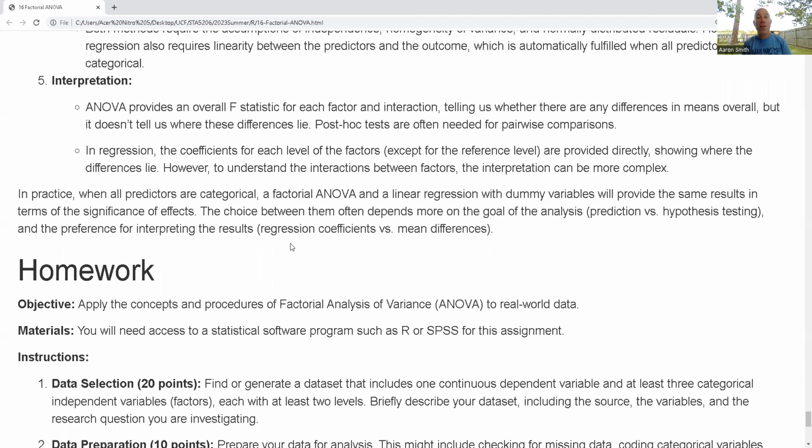However, to understand the interaction between factors, the interpretation can get pretty complicated. In practice, when all predictors are categorical, a Factorial ANOVA and a linear regression with dummy variables will provide the same results in terms of significance of effect. The choice between them often depends on the main goal of your analysis, whether you're trying to do prediction or hypothesis testing, and the preferences for interpreting results, such as, do you want to interpret regression coefficients or mean differences?